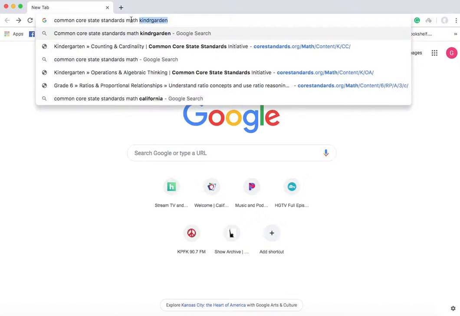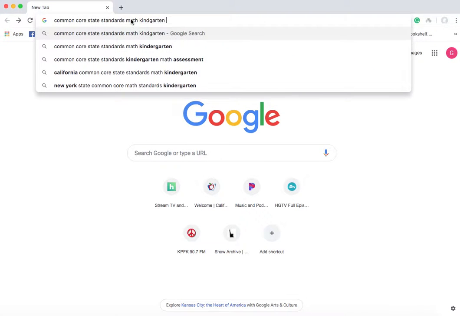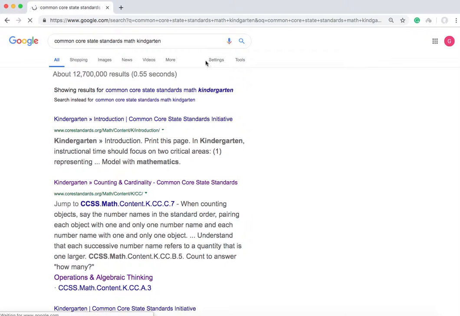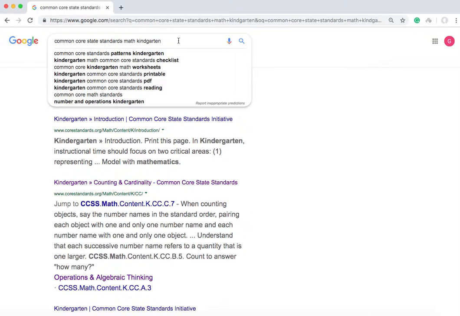Google's amazing, because it does your thinking for you. All I did was type in Common Core State Standards Kindergarten Math. They don't have much training and they haven't had much instruction with math, the core subjects.